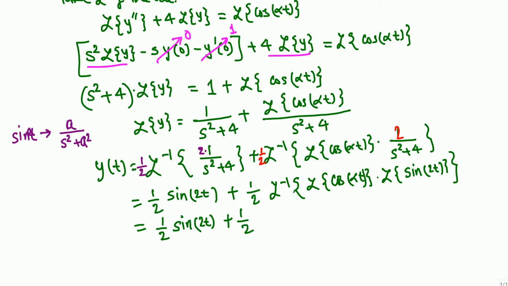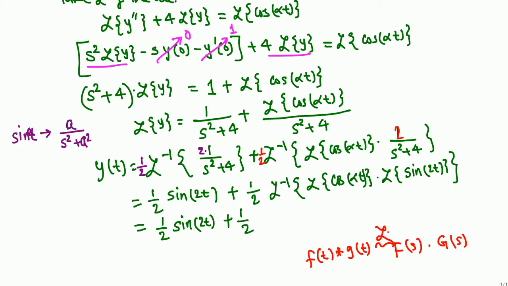Now we are taking the inverse Laplace of a product of Laplaces, and by the convolution theorem, when we have F(s) times G(s), where F and G are the Laplace of lowercase f and g, f(t) star g(t).